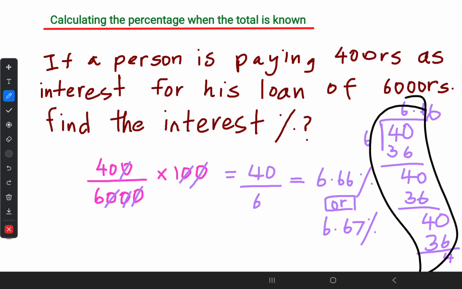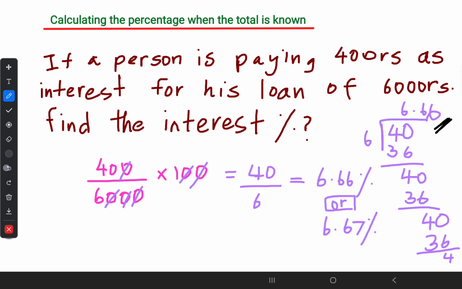If you have a continuous decimal division, don't continue until it finishes. Sometimes it will go on to infinity, so you cannot find that. Just limit it to the second digit after the decimal. So the final answer would be 6.66 or 6.67 percent.